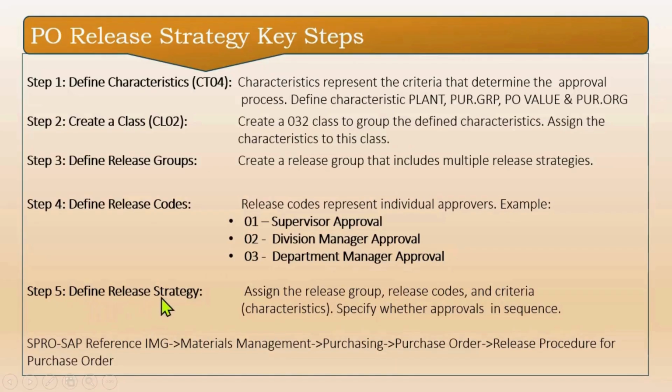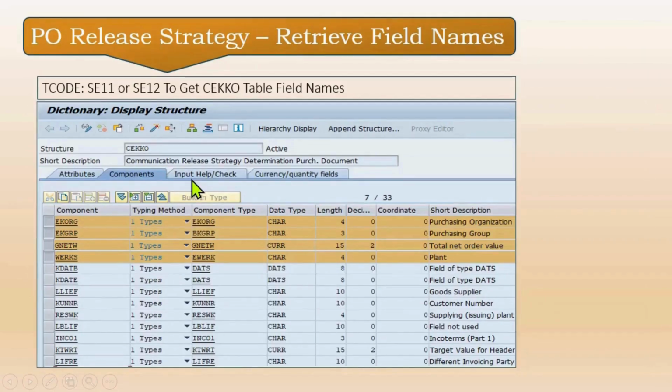Then you have to define the release strategy. Then assign the release groups, release codes, all that configuration you have to do in the system in real time. So here, as usual, there are 2 ways. You can go through the SAP reference IMG, or you can directly use the transaction code CT04. Move on to the next slide.